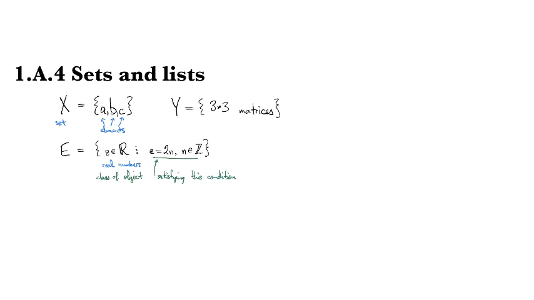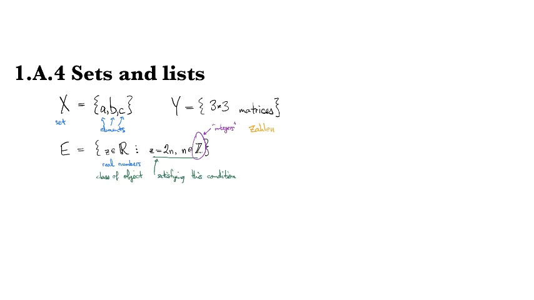And if you haven't seen it before, this symbol right here is the symbol for the set of all integers. And if you're wondering why we should use Z for integers, it's because it comes from the German word Zahlen, which means number.